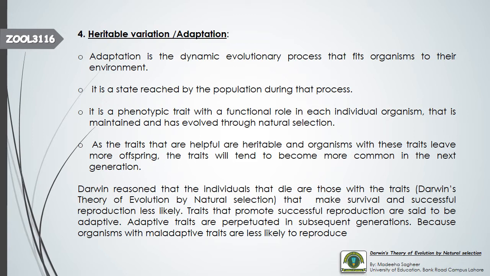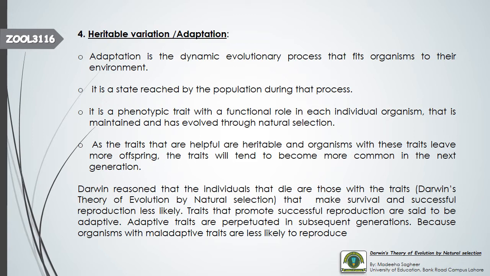So traits that promote successful reproduction are said to be adaptive. Definitely, if a trait can be passed on to the next generation, that can make the adaptation. So adaptive traits are perpetuated in subsequent generations because organisms with maladaptive traits are less likely to reproduce.